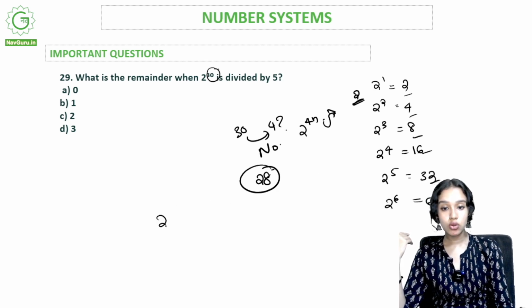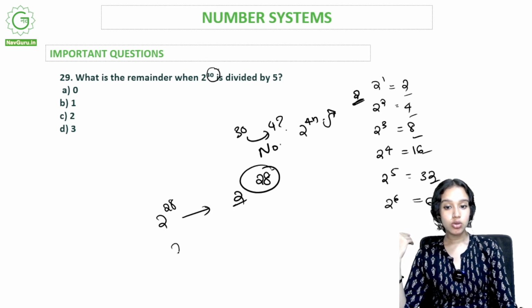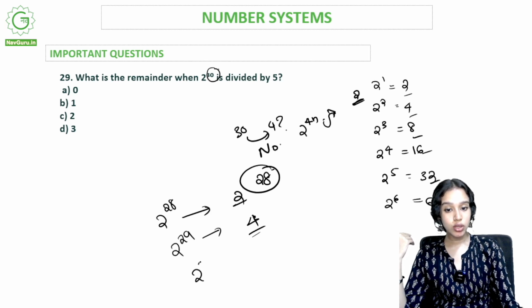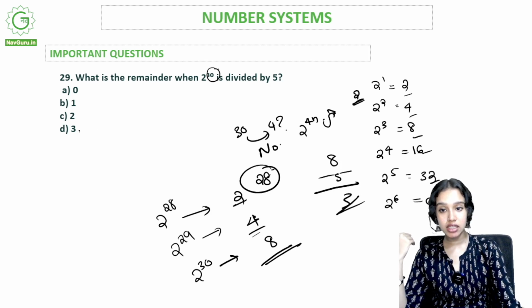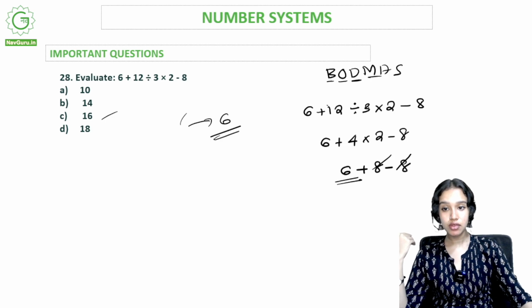So 2 raised to 28 would end in a number with ones place 2. So 2 raised to 29 would have a number whose ones place would contain 4. And 2 raised to 30 would have a number whose ones place would have 8. So it's easy: if I subtract 5 from 8, we get 3, and 3 is the answer here.